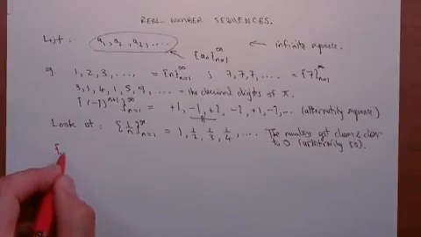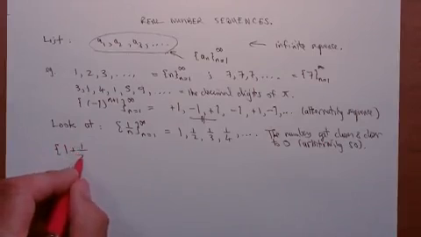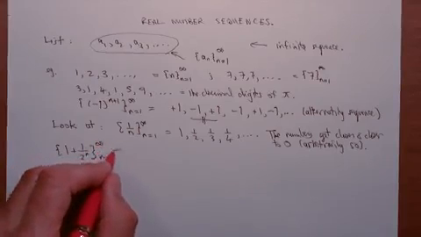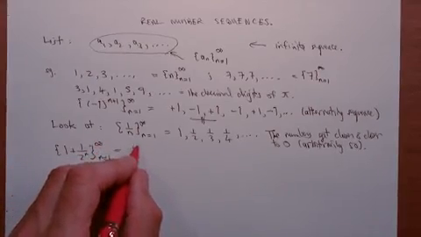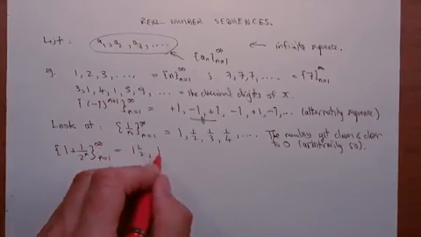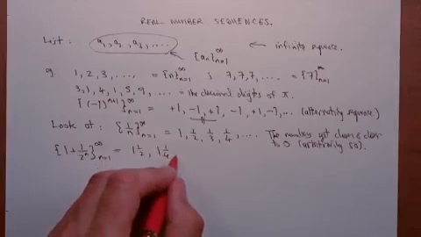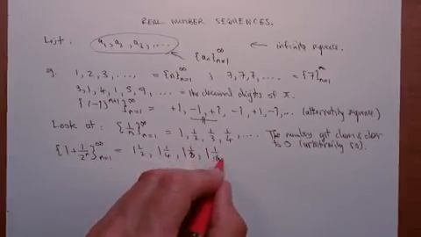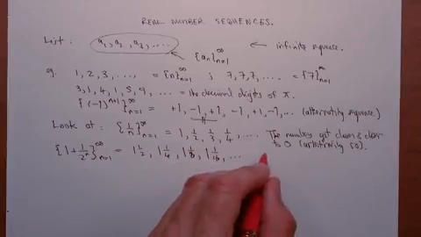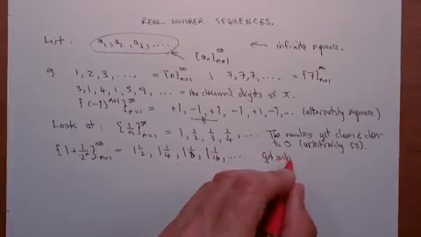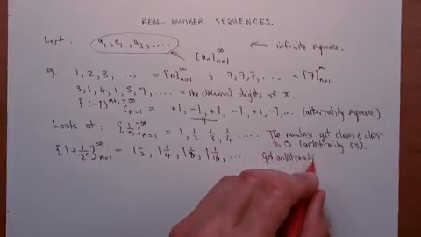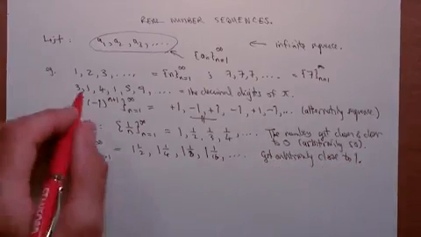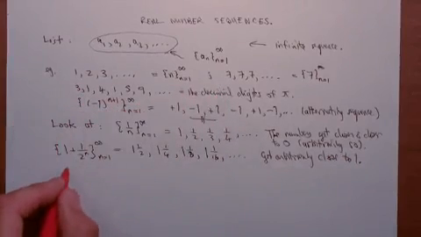Or this one. 1 plus 1 over 2 to the n from n equals 1 to infinity. That consists of the numbers 1 and a half, 1 and a quarter, 1 and an eighth, 1 and a 16th, etc. And these numbers get arbitrarily close to 1.